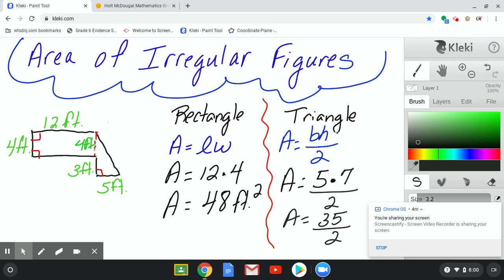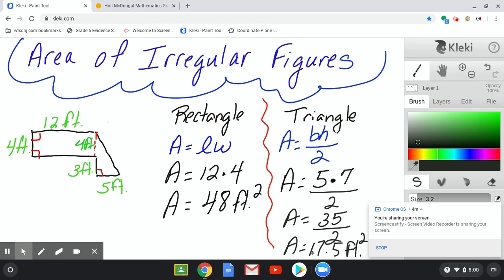When I do 35 divided by 2, what am I going to get? If you do it in your calculator, you would get 17.5. So area equals 17.5 square feet.